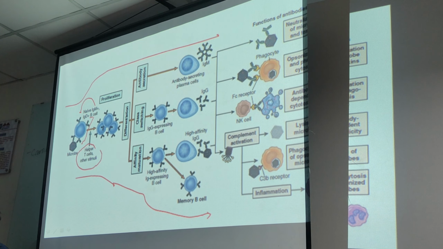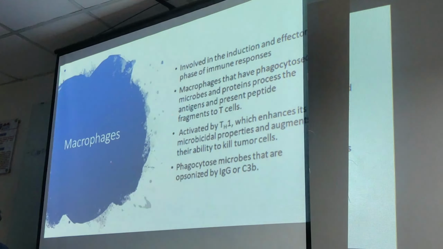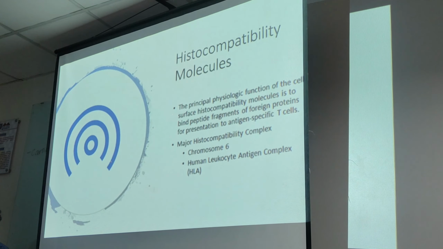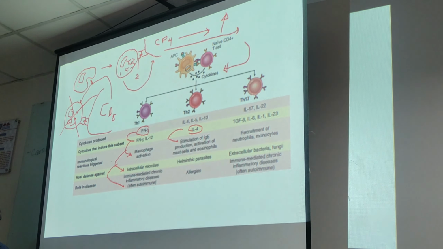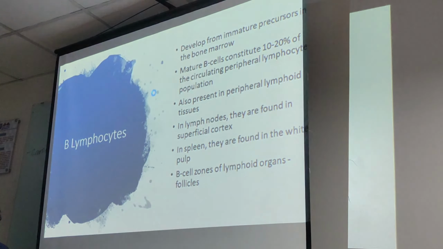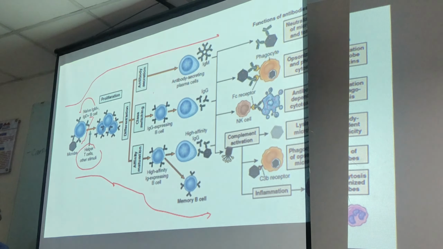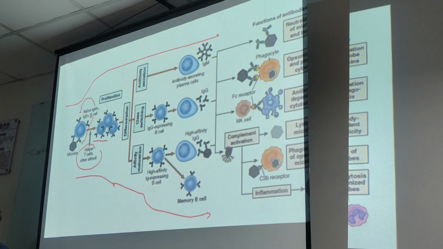Your activated T helper cells, which is actually what we explained in this poorly drawn diagram, activated CD4 T cells also help your B lymphocytes to proliferate and activate. After proliferation, several routes can happen.